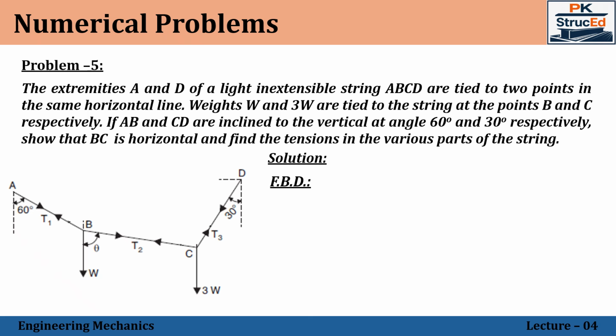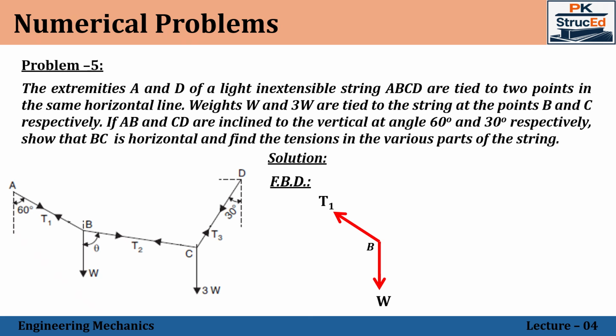Let us start with joint B. This joint is connected with two members, BA and BC. In addition, a weight W is suspended in the vertical direction. So that is what has been shown here: point B, where the weight acts vertically downward.